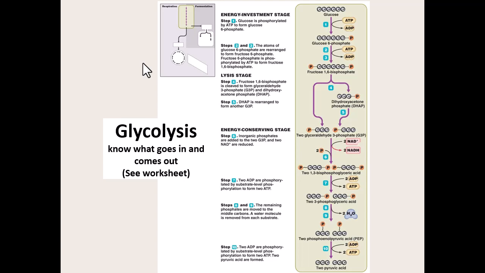What comes out, at the very bottom, is 2 pyruvic acid. What also comes out, we have 4 ATP, waters, and 2 NADHs. You get a lot of stuff coming out. Not too concerned yet about the ADP, because it's just the breakdown of ATP, but it will come into play when we get into fermentation. Leave it up there. We get a lot out. We got 2 NADHs, 2 waters, 4 ATP, and 2 pyruvic acids.